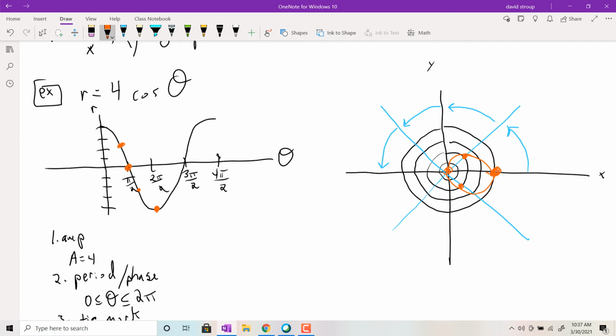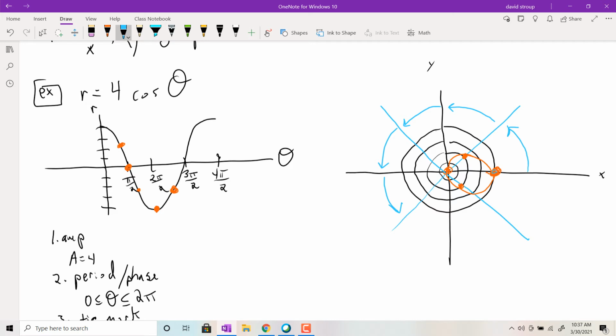Okay, so actually it looks like we're going to start repeating itself, and you can tell if you go from just pi to 5 pi over 4. In this sector, you're going from negative 4 to negative 2 or something.